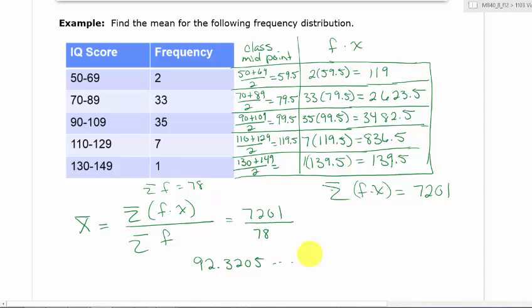And remember, the rounding rule for means is to go 1 decimal point beyond your data. Our IQ data didn't have any decimal places in it, and so we would want to round this to 92.3.